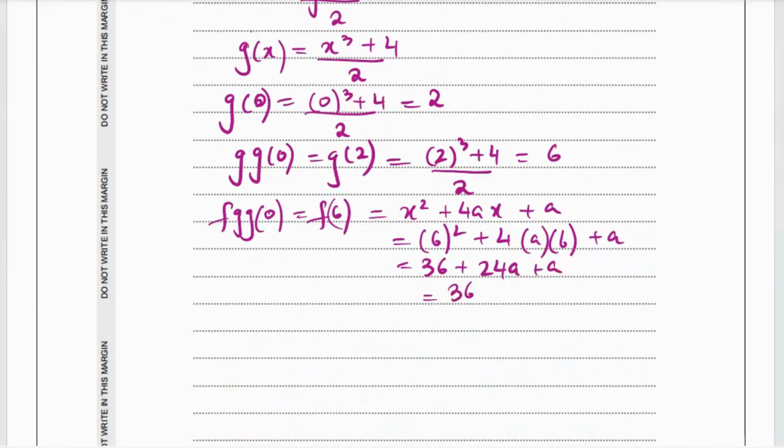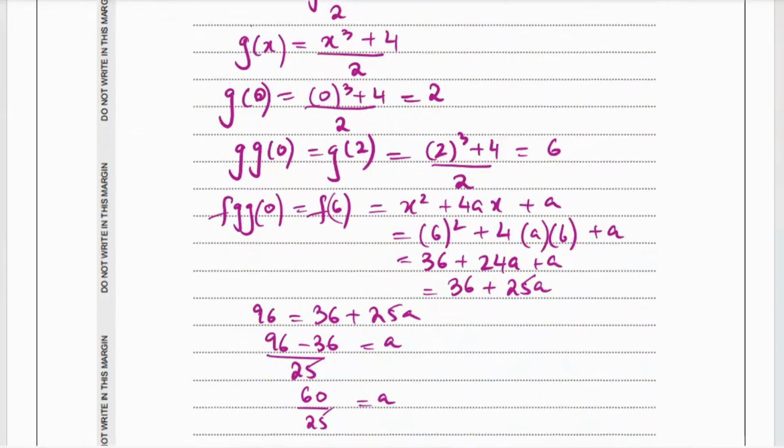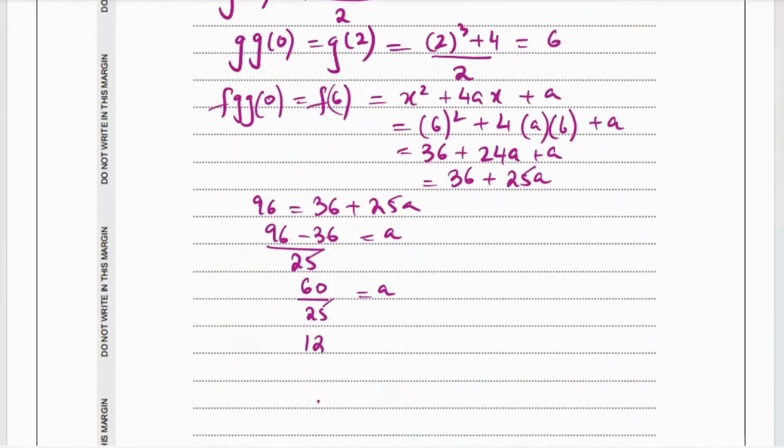So that's going to be 36 plus 25a. So this is equal to 96. 96 minus 36 over 25 equals a. That's going to be 60 over 25. And that's 12 over 5. That is the value of a.